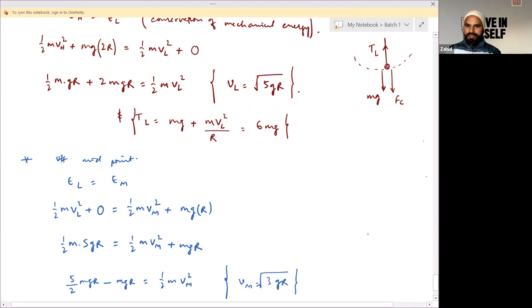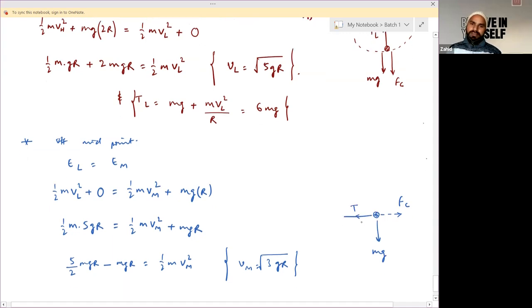Similarly, you may find tension at this point. Tension will be along this direction. Force of gravity will be along this direction. And centrifugal force must be acting away from the circular path, so it will be along this direction.